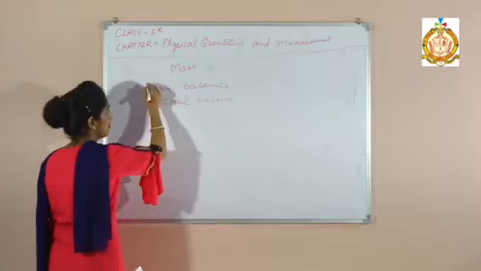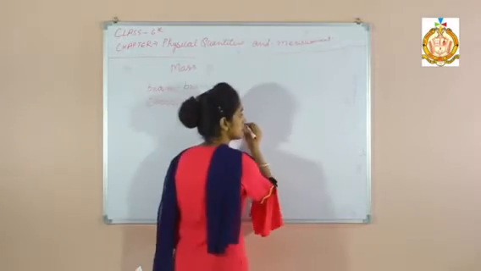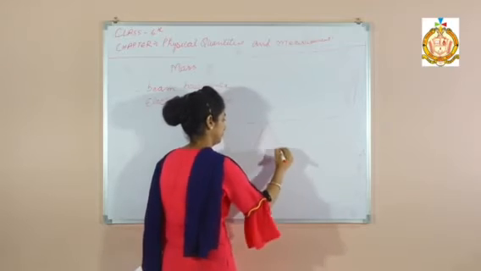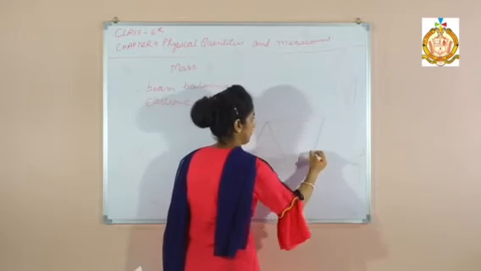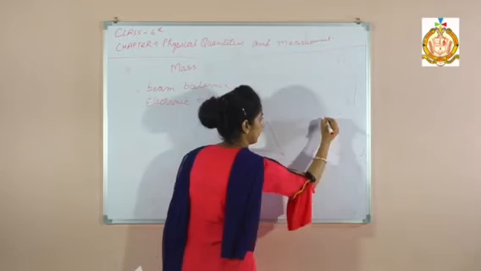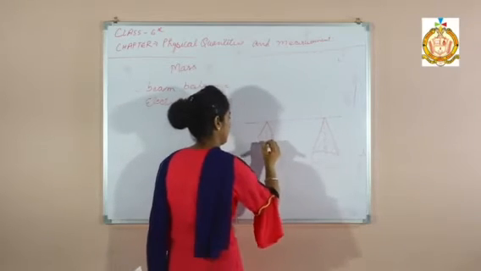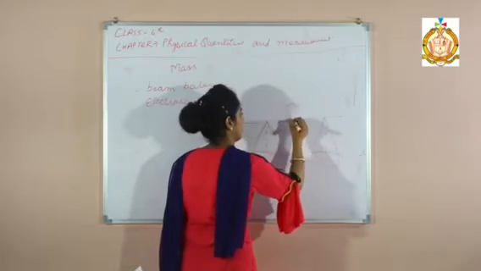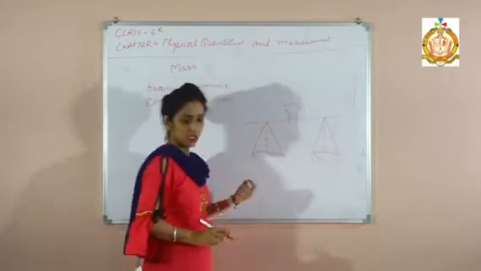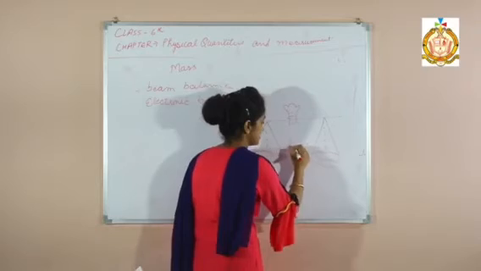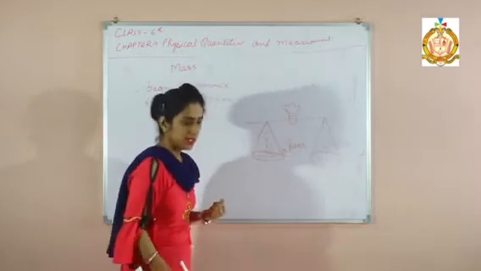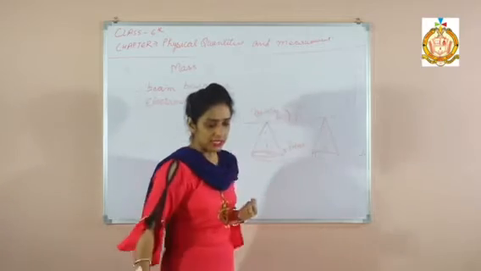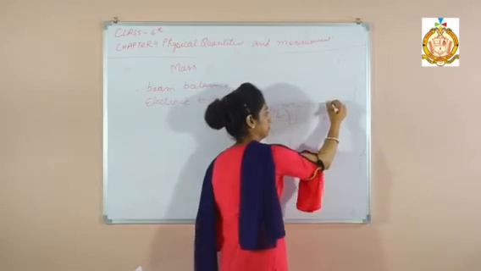So what is a beam balance? A beam balance is like this. These are pans, right? These are pointers, and this is a beam.